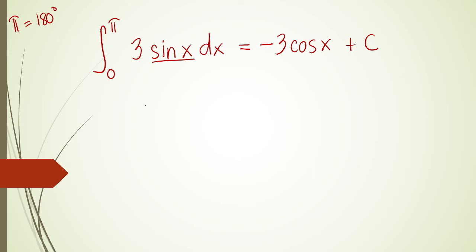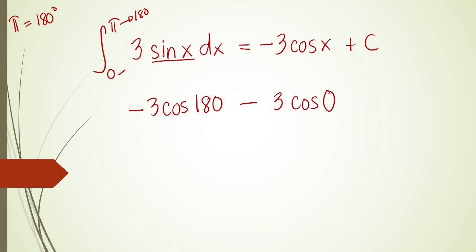So I'll have negative 3 cosine 180 for my upper limit, minus negative 3 cosine 0. There you go. Understood? Yes, sir.